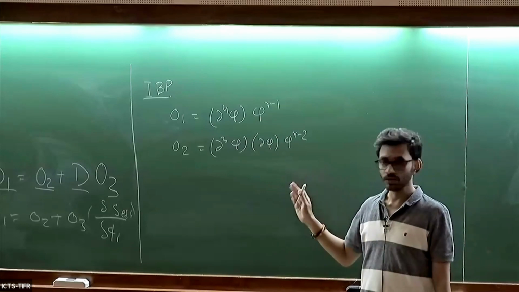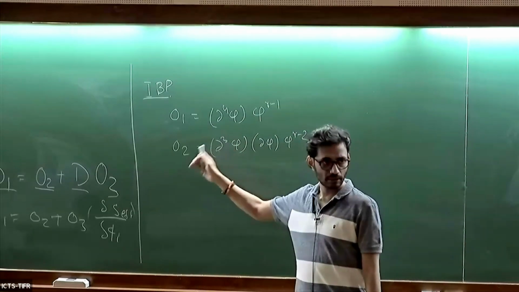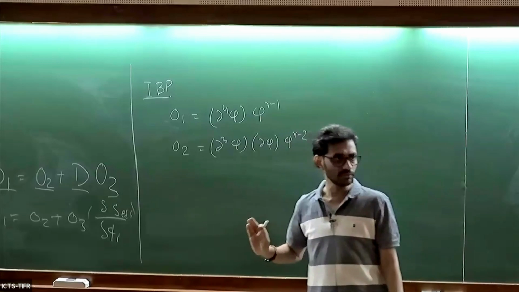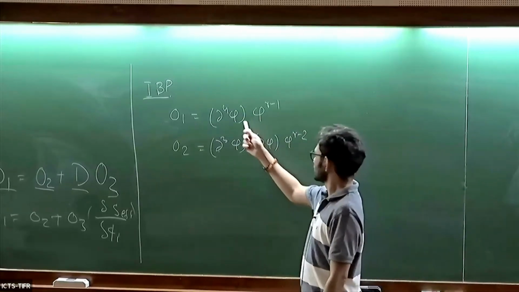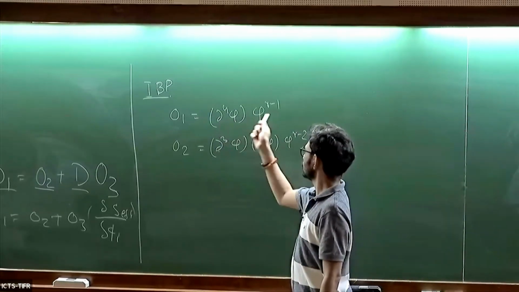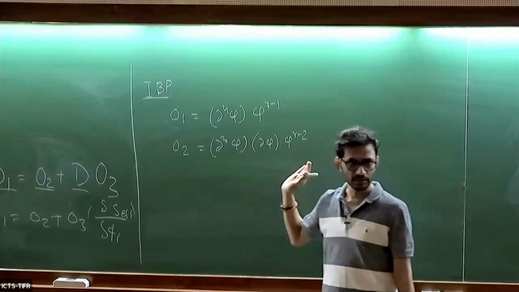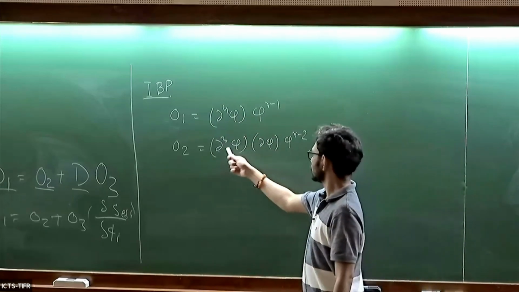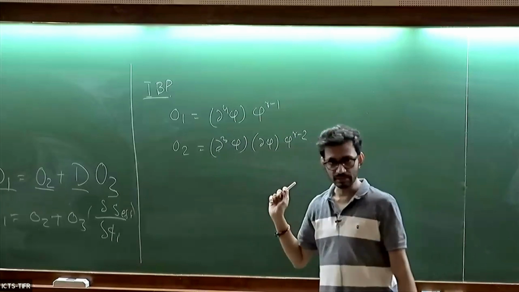For shorthand I am using the normal derivative, but in a real construction we will transform them into covariant derivatives. Look at how many derivatives there are: 4 derivatives and r fields here, and here also 4 derivatives and r fields.